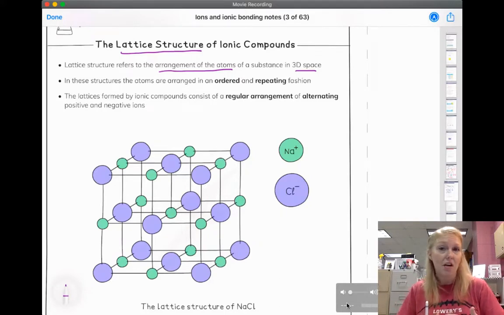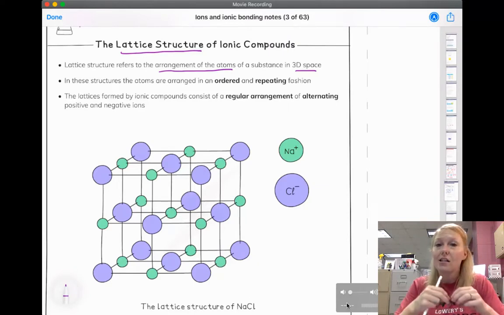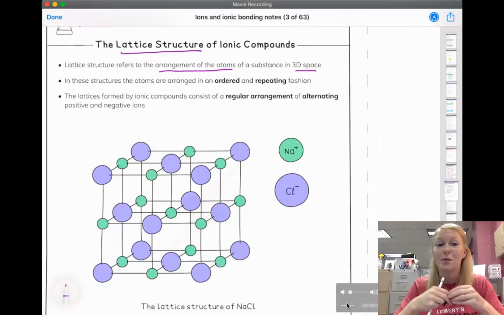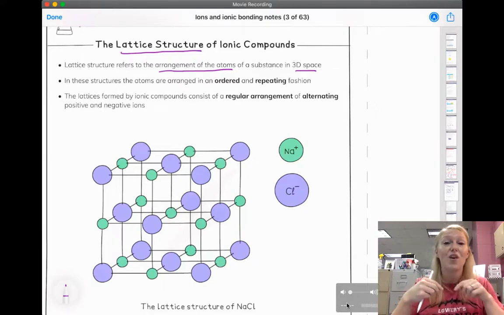It may be a different color, but it still has that hard crystal structure. And so remember, each little crystal you see is not just a single piece of magnesium oxide, or just a single piece of sodium chloride. It's hundreds or thousands of those sodium chlorides, or like our last example, the magnesium chlorides, just over and over again.